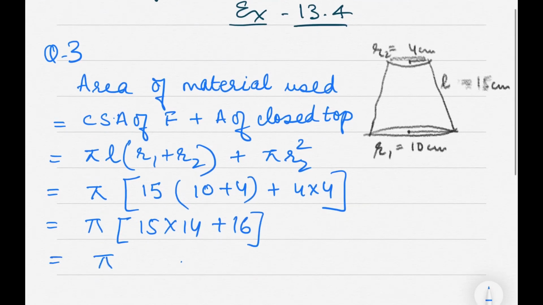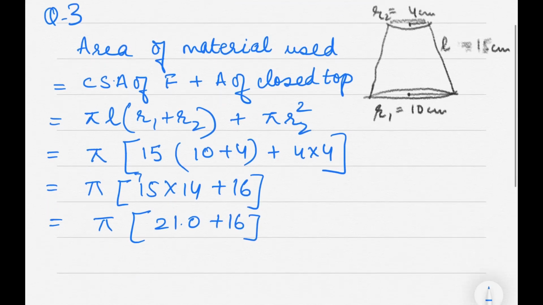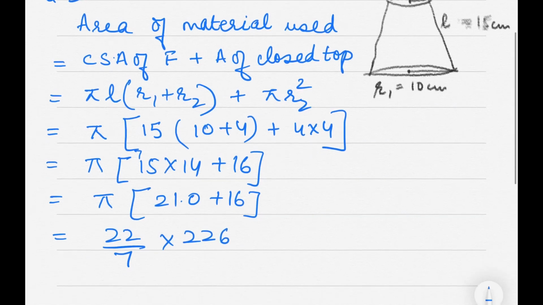Now 15 into 14 is 70 and 210, plus 16. So now I can write 22 by 7, and this is equal to 226, right?